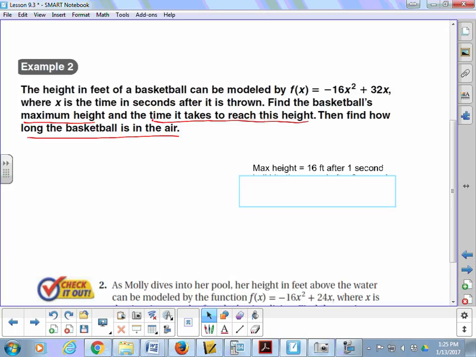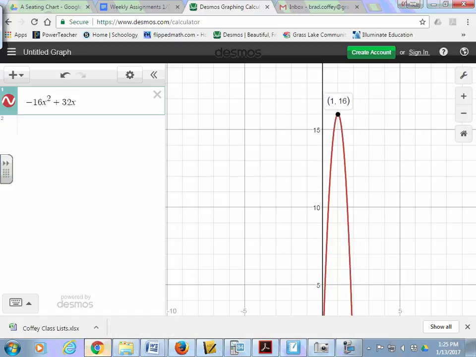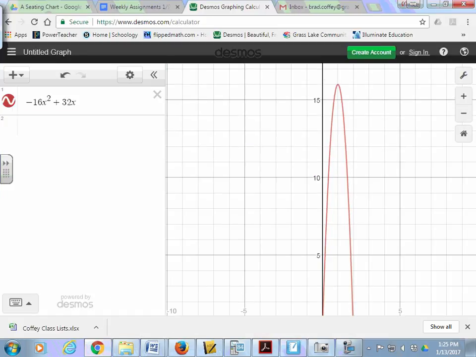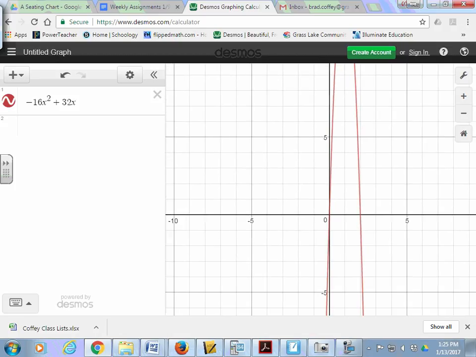Now, the nice thing about the problems you're working with right now is that if it starts on the ground, it goes up and it comes down. So if it takes 1 second to go up to the max, it's going to take 1 more second to come back down. So how long is it in the air? Then I can go back down here, and I'm looking for that thing called a 0.